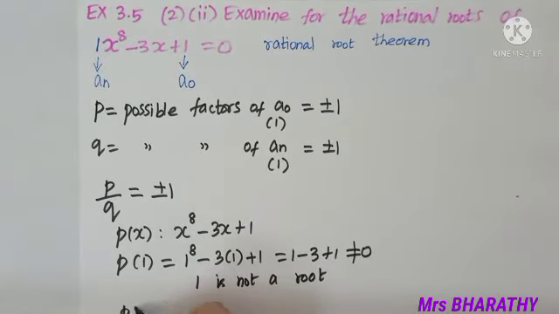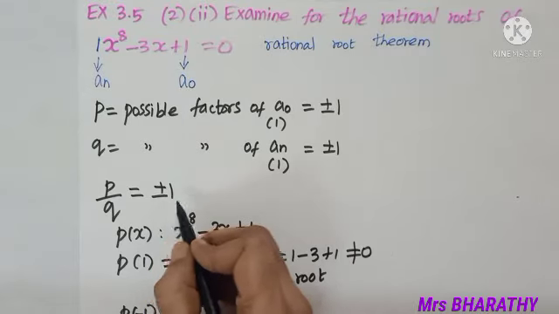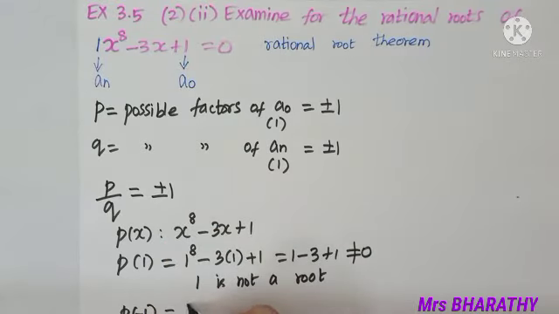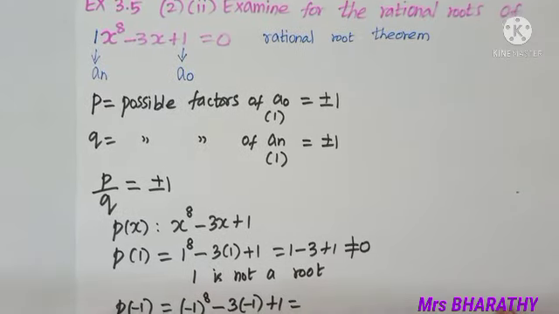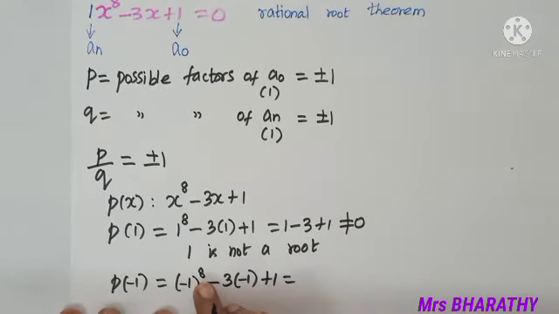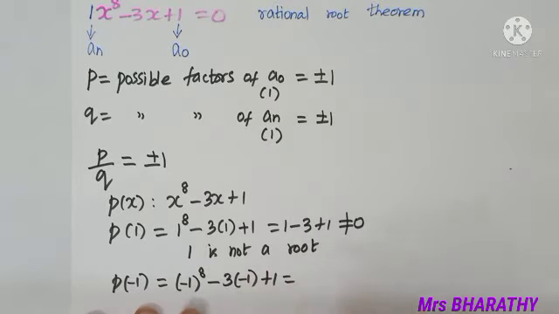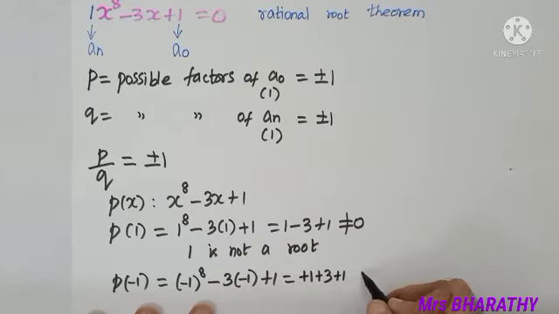Check for minus 1. The second answer is minus 1. It is minus 1 power 8 minus 3 into minus 1 plus 1. That is minus 1 power 8. Whenever a negative number is raised to an even power, minus 1 power 8 is obviously plus 1. Minus 3 into minus 1 is plus 3. Again I have plus 1.